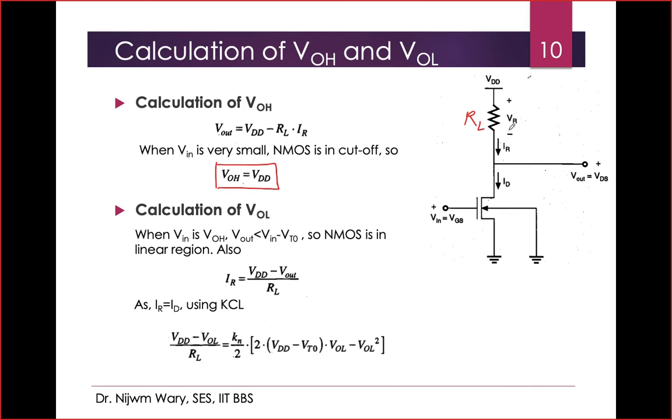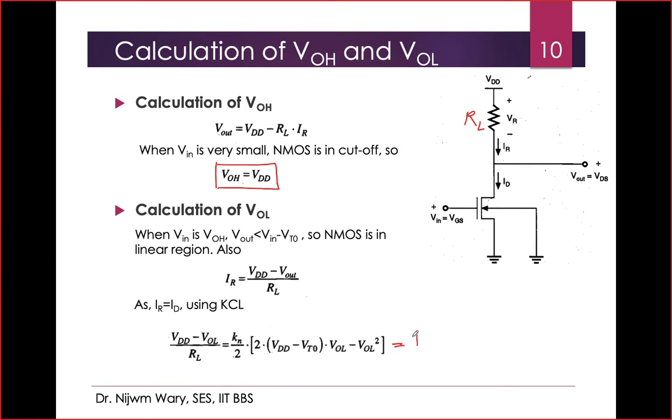VDD minus Vout by R will be the current flowing through R, IR. And the current flowing through the MOSFET will be this linear region equation.